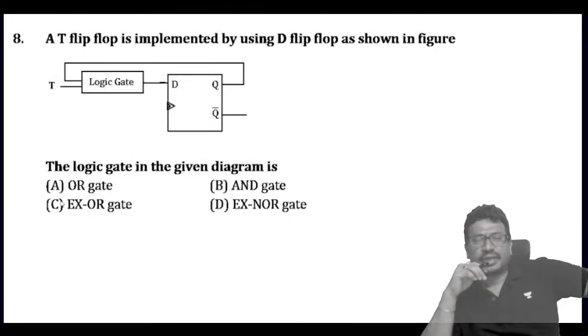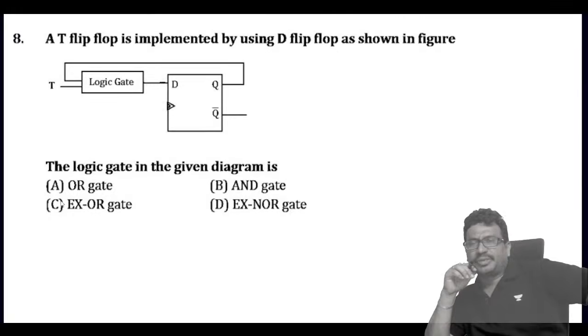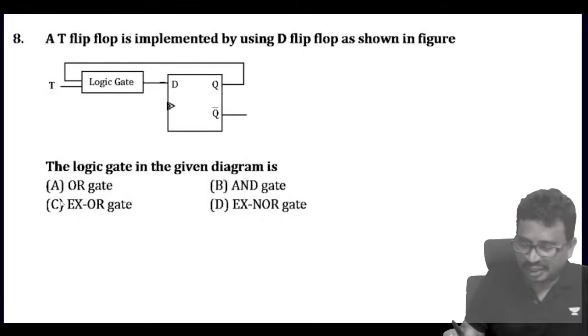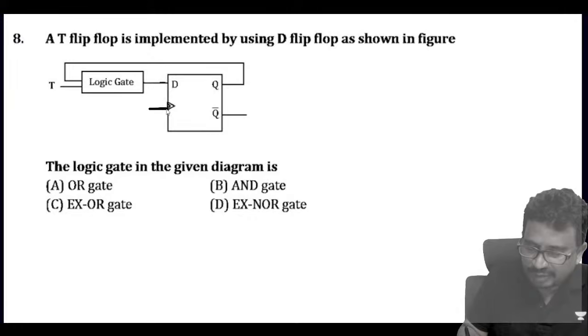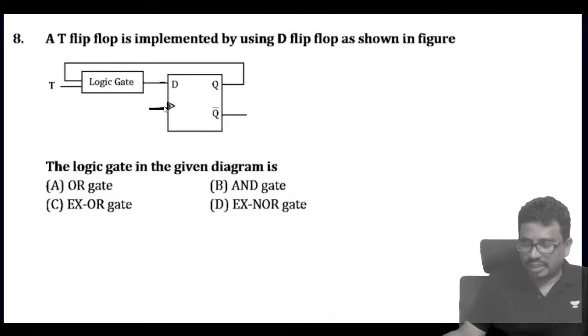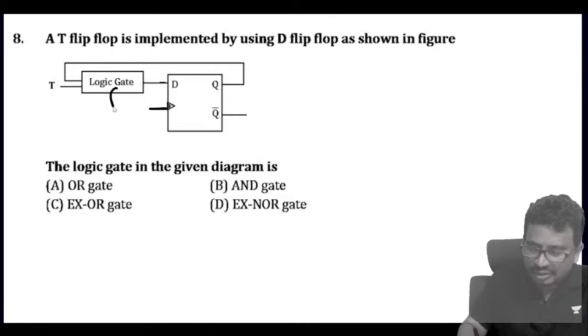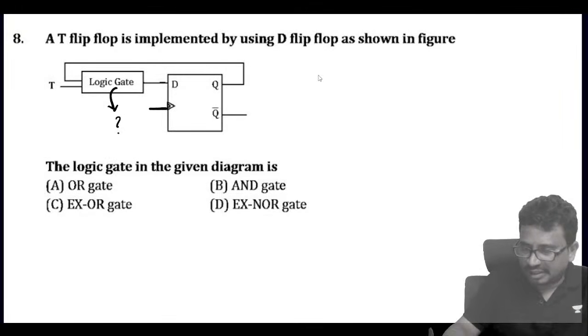Next. A T flip-flop is implemented by using a D flip-flop as shown in the figure. They are asking what should be this logic gate. And the T flip-flop, what is the characteristic equation, tell me.